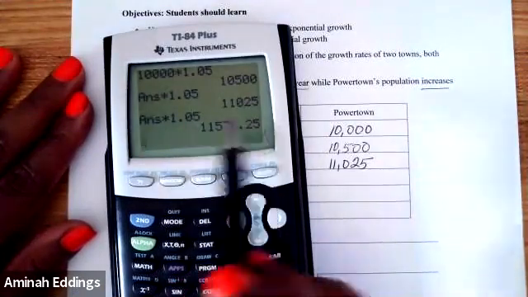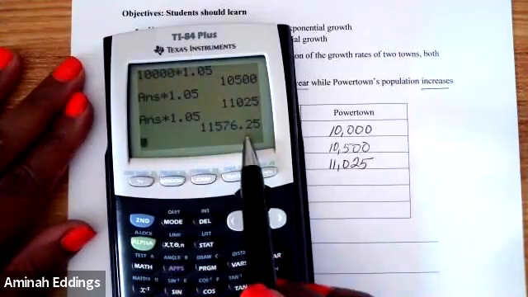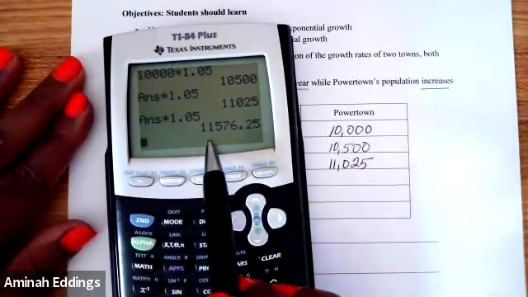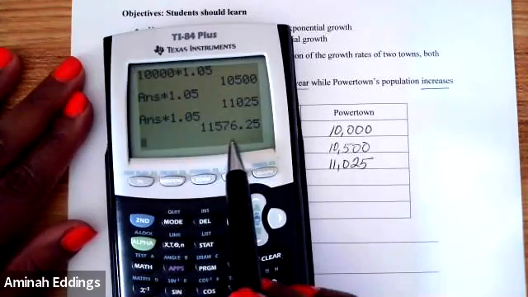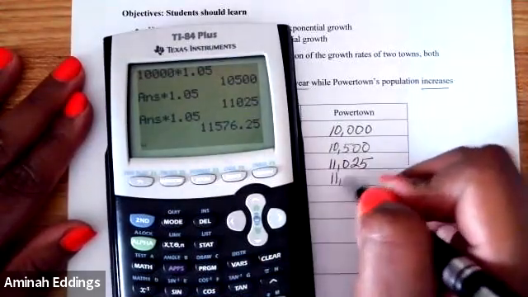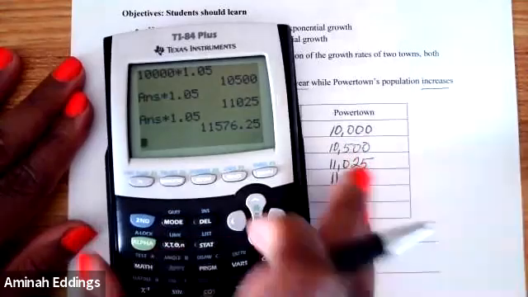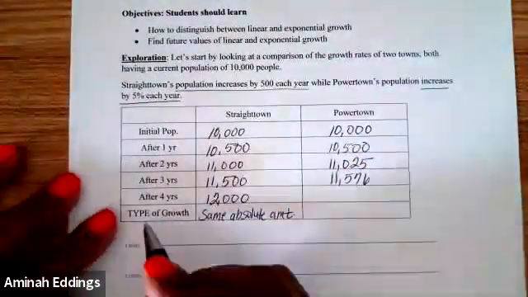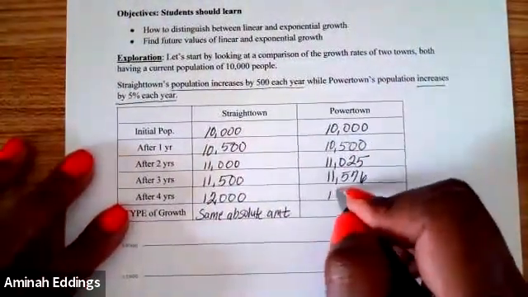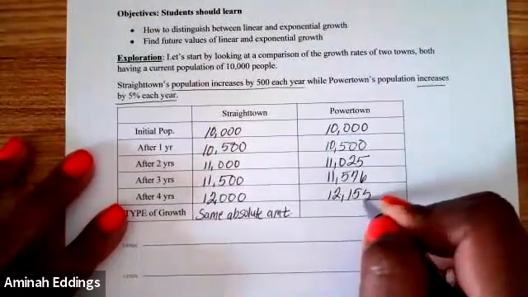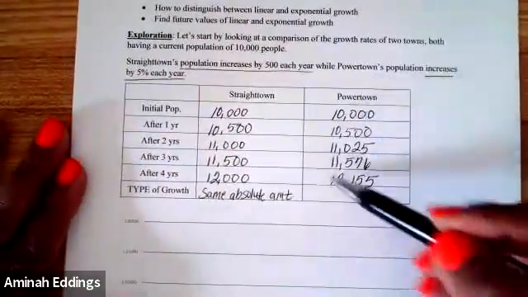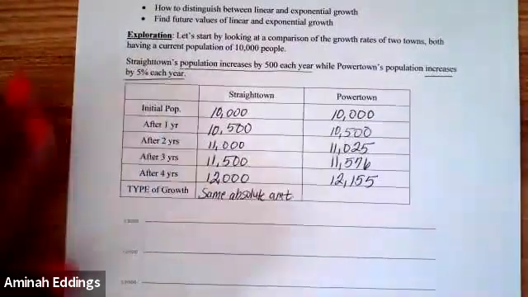We're talking about people, so we can't have a fourth of a person. Okay, so we would leave it as 11,576. Okay. After 4 years, it would be 12,155. Okay, any questions on where these numbers are coming from?